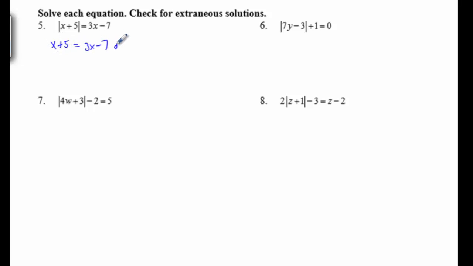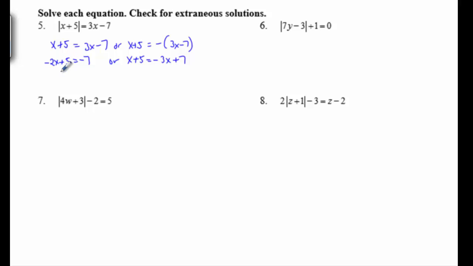But we're also going to say, or x plus 5 equals the opposite of the 3x minus 7 over here. Okay. So if I subtract the 3x over, we're going to get negative 2x plus 5 equals negative 7. If we distribute, just to make it easier to look at, we get this.